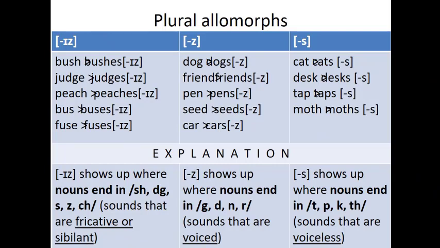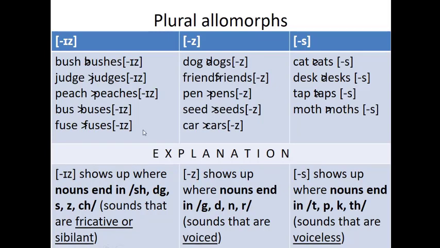It shows up because these nouns end in a fricative, and these are the examples of fricatives. Remember the fricatives from our phonetics study. So they are coming back again here with allomorphs.